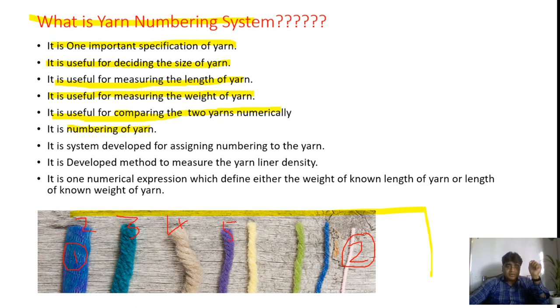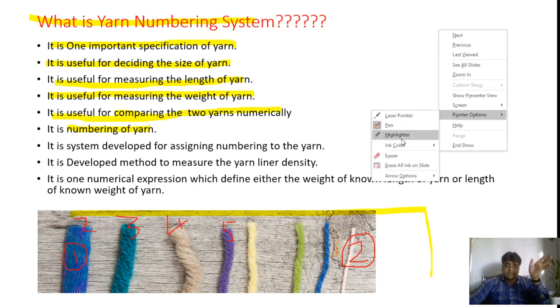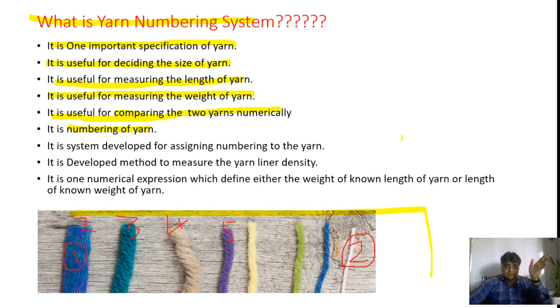So this is numbering. Some numbers are given to the yarn by considering some technical points. If you assign some numbers to those particular yarns, that numbering is nothing but a yarn numbering system. Whatever numbering you assign, no doubt it is based on some logic. So numbering of a yarn is a yarn numbering system.